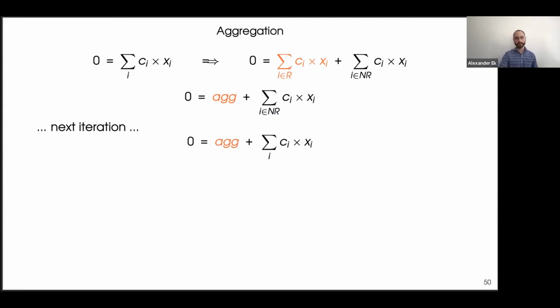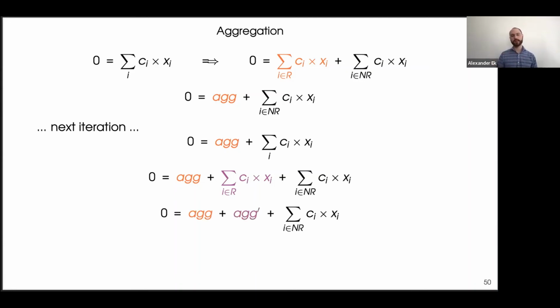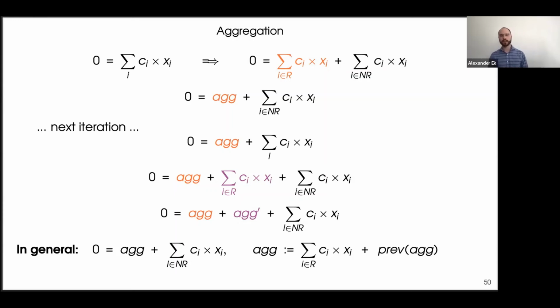Now things may have changed. There may be new realized things, right? Maybe we added new things, or things that were already there may now be realized. So we need to do the same analysis again. We do the realization analysis, as I showed you, and we can split this up into two sums, the realized part and the non-realized part. Again, we replace this by the aggregate value, and now you may see the general pattern. In general, a sum constraint would look like this: 0 is equal to the aggregated value plus the sum of non-realized things.